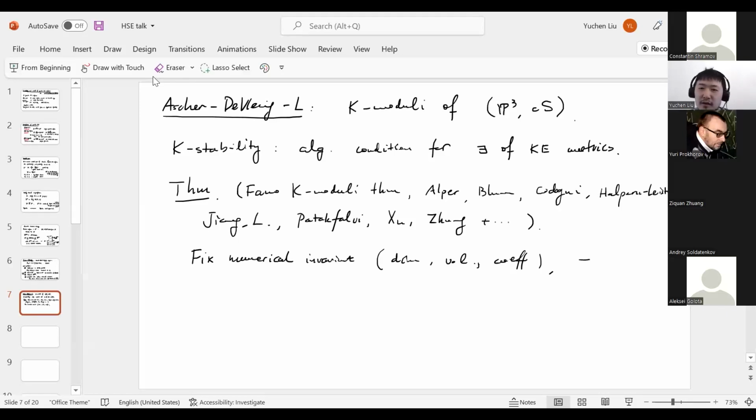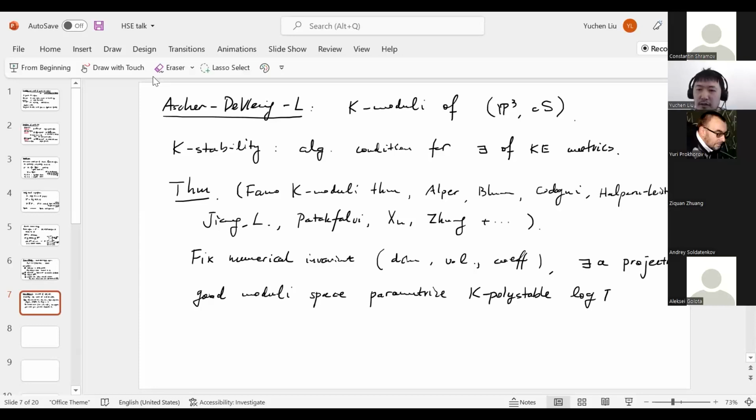Then there exists a projective so-called good moduli space parameterizing K-polystable log Fano pairs. So here K-polystable is just the algebraic condition that is equivalent to the existence of Kähler-Einstein metrics by the so-called Yau-Tian-Donaldson conjecture, which is now fully proved for log Fano pairs.